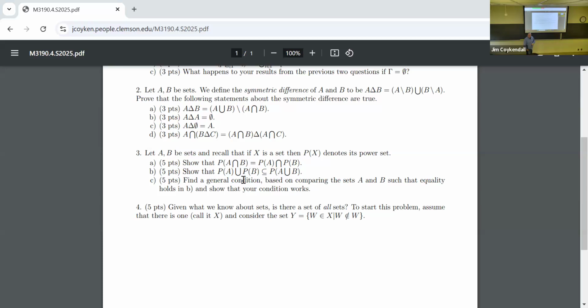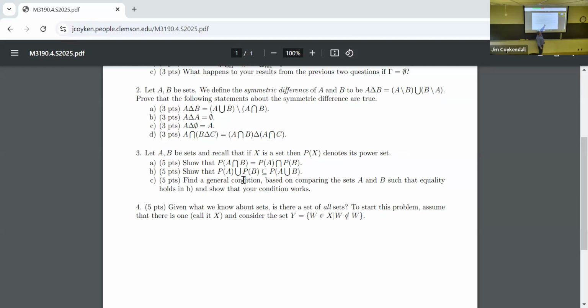And finally, this one's a fun one. It's a brain tickle. I want you to think about this. Given what we know about sets, is there a set of all sets? To think about this problem, let's assume, just for giggles, that there is out there in the universe somewhere a set of all sets.